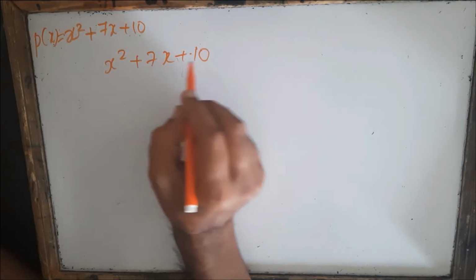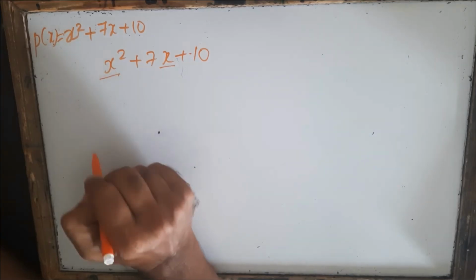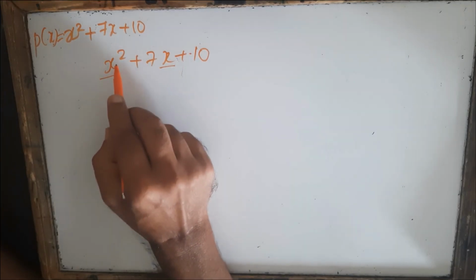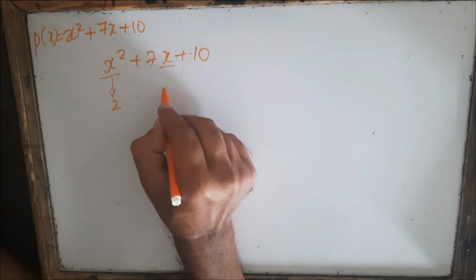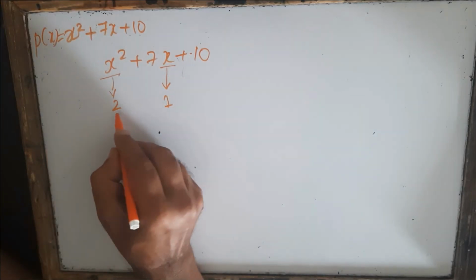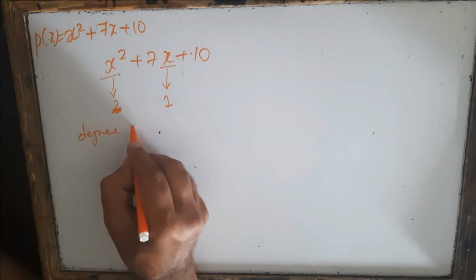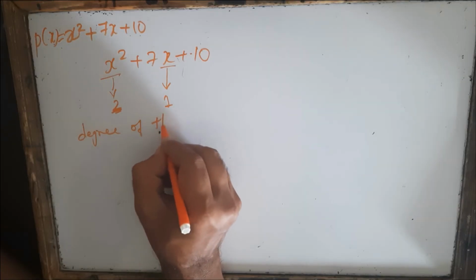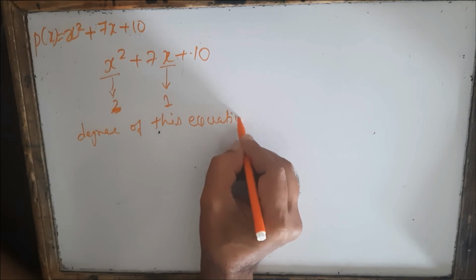So why? We have two terms here, x and x square. The degree of x square is 2 and the degree of x is 1, so the maximum is 2. So the degree of this equation is 2.